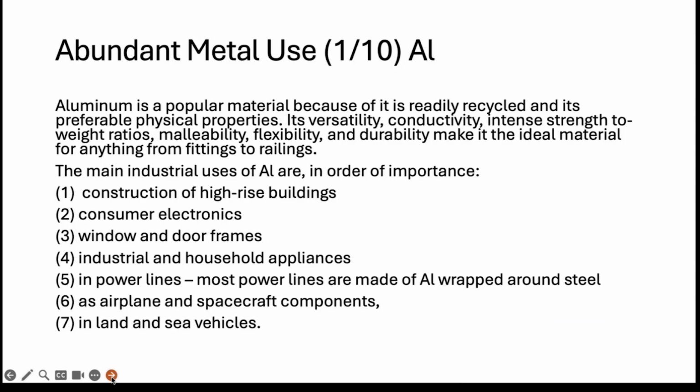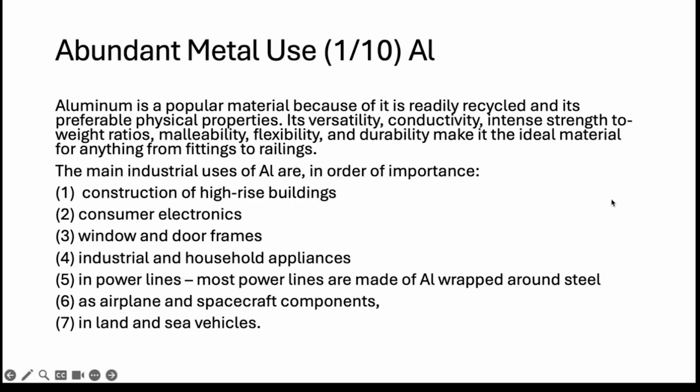But aluminum is very popular because it's readily recycled, and it has good physical properties: versatility, conductivity, tensile strength, strength-to-weight ratio, malleability, flexibility, durability. Everybody loves their aluminum foil. What metal can you use and throw away like that?